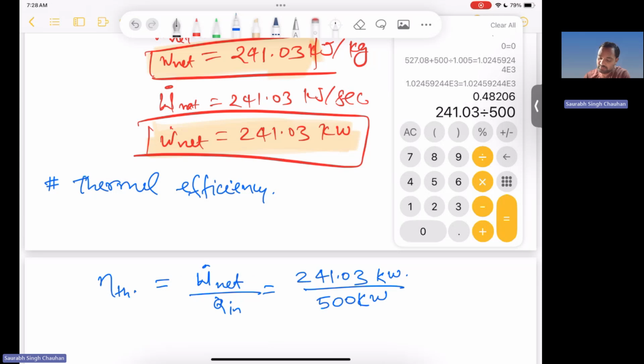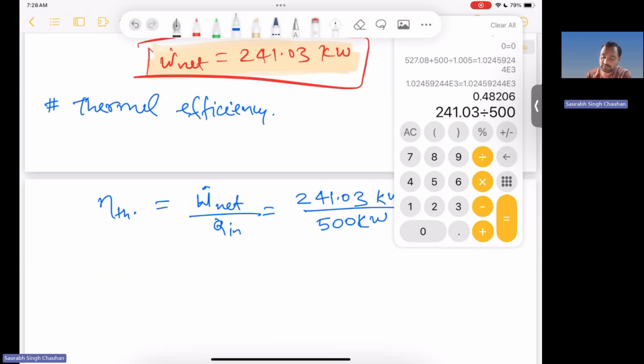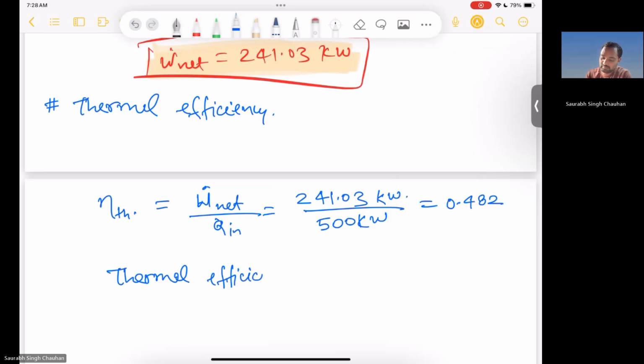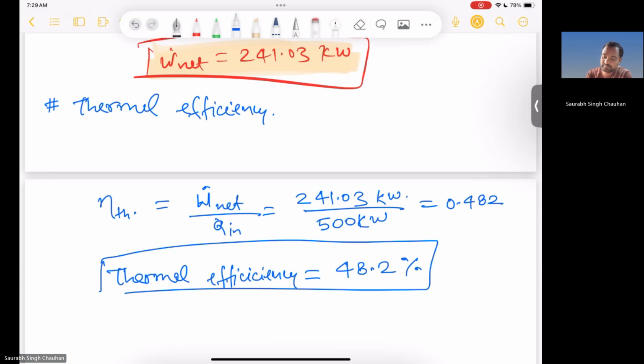So it is coming out to be 0.482. So thermal efficiency is 48.2%. This is the thermal efficiency.